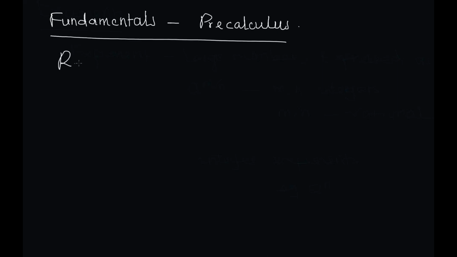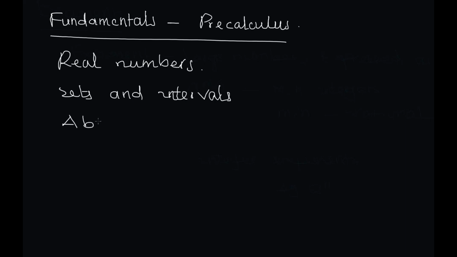All right, welcome again. We continue to look at the fundamentals of precalculus, and we initially looked at real numbers, their properties, different aspects. Then we also had a look at sets and notations, just the basics, just to remind ourselves of what these were all about.